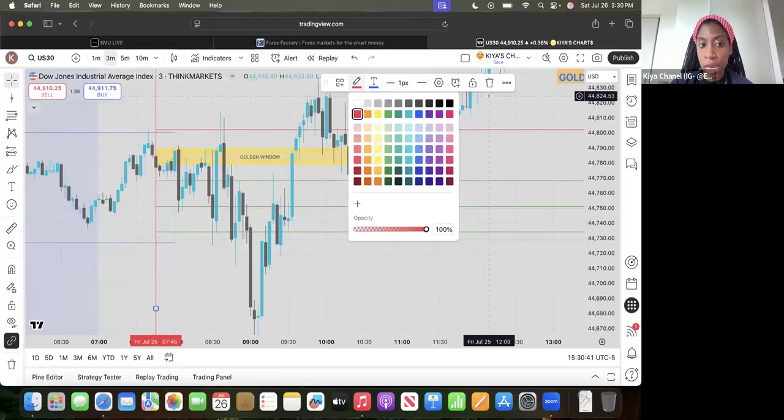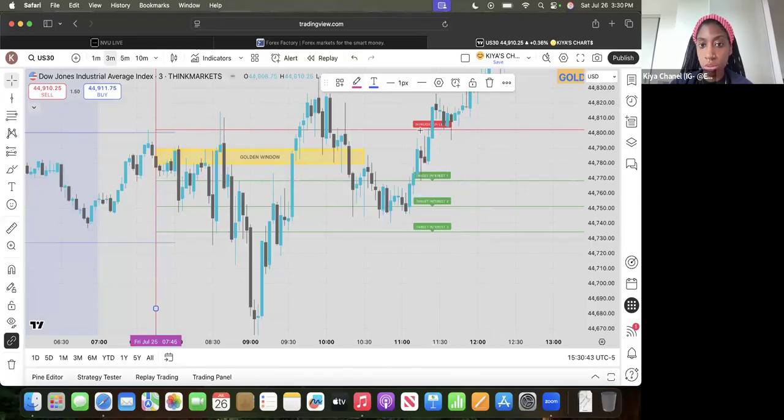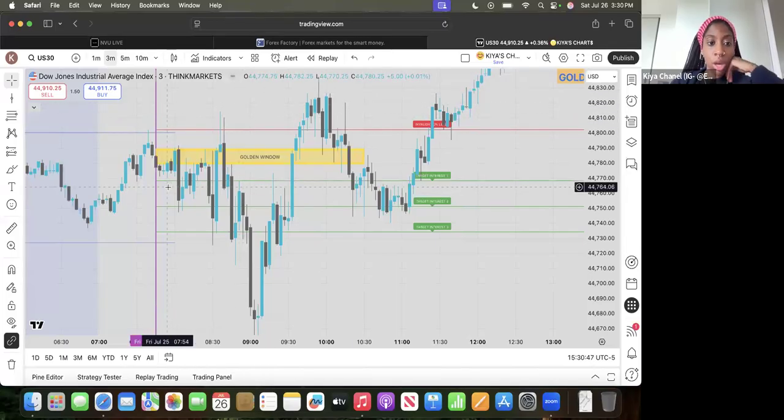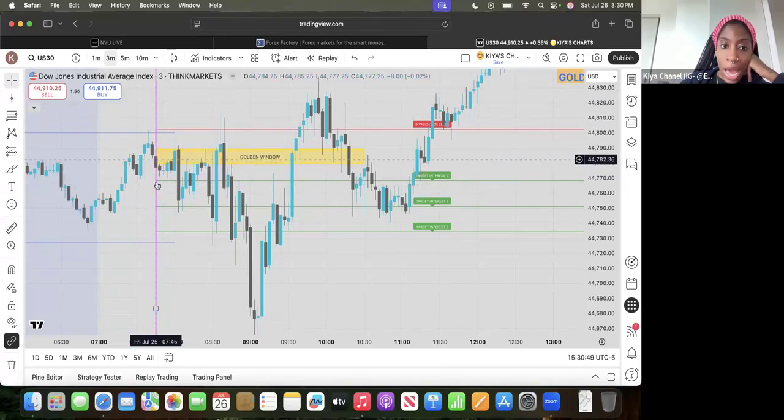So this line right here, the purple one, okay? I wait for this candlestick to close at the golden window before hopping into the trade.